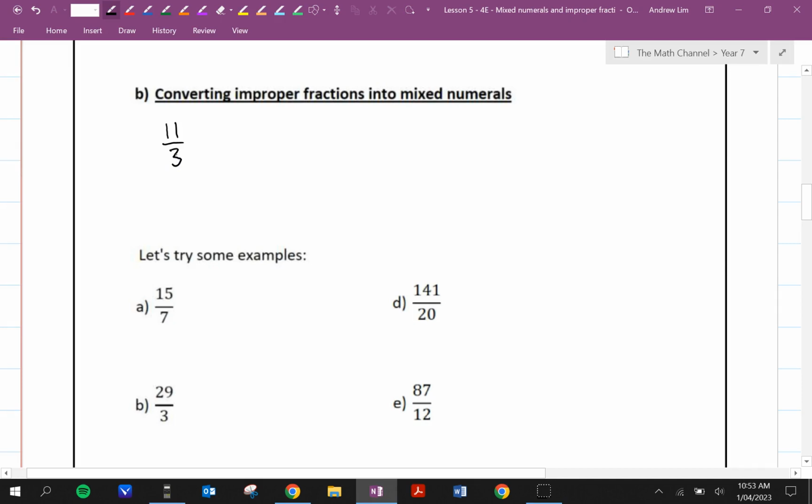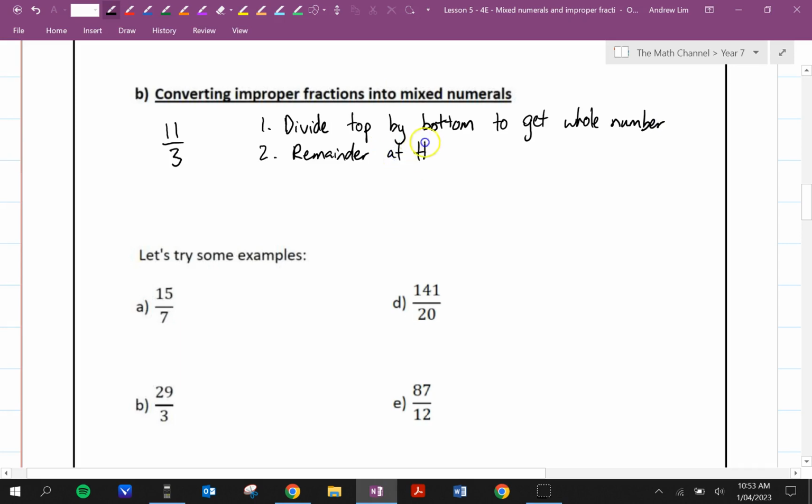What I'm going to do is divide top by bottom to get the whole number, then put the remainder at the top of a fraction, and the denominator is the same.